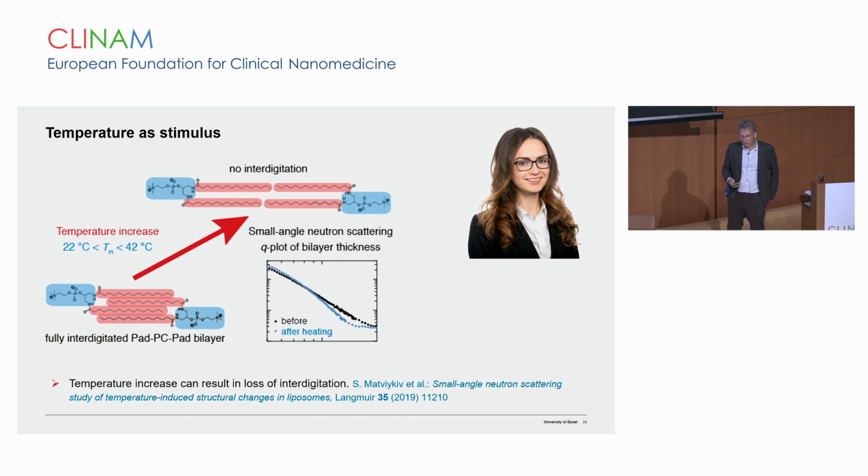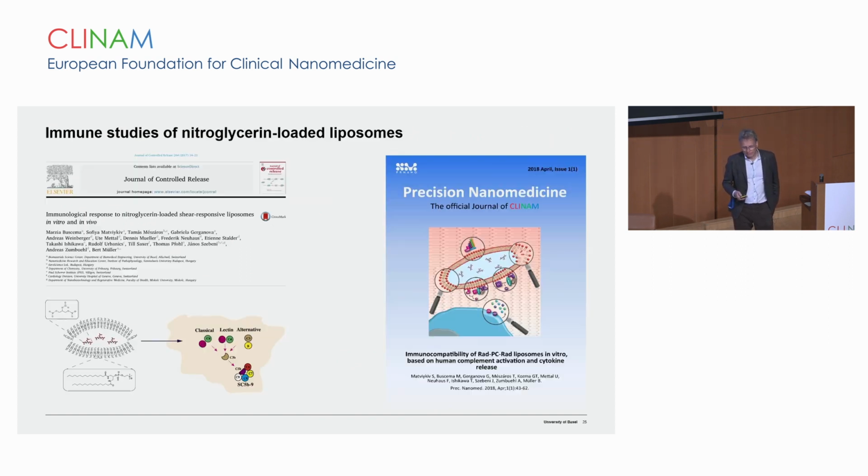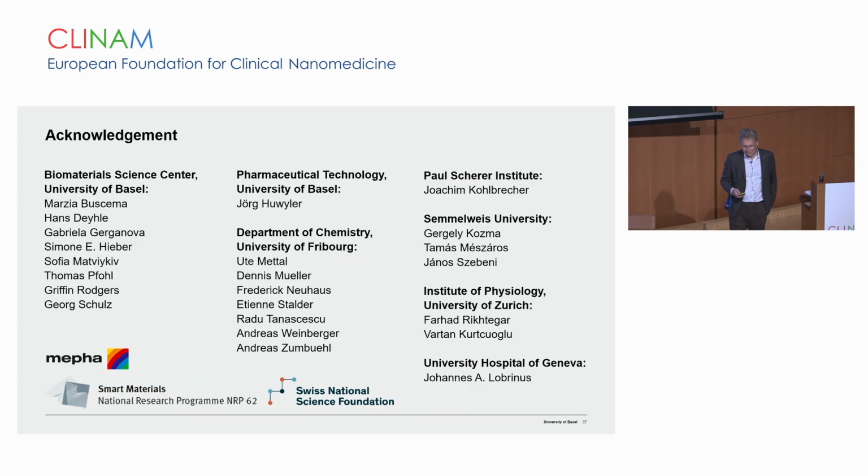This study is based on small angle neutron scattering, also performed at the Paul Scherrer Institute here in Switzerland. And Sophia has given also interesting insights in this precision nanomedicine, and I was very happy that we got the cover of that journal in 2018.